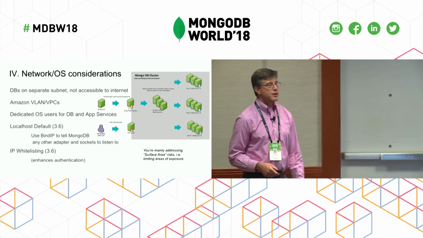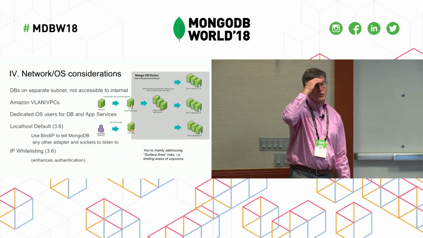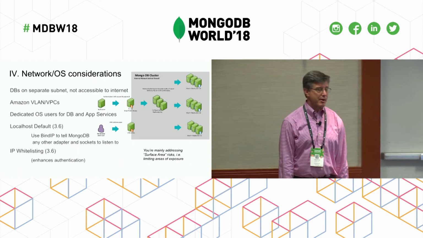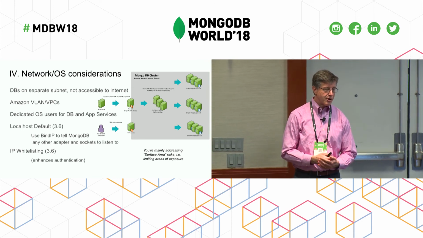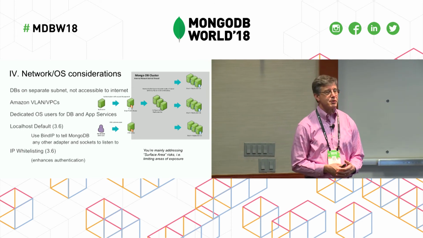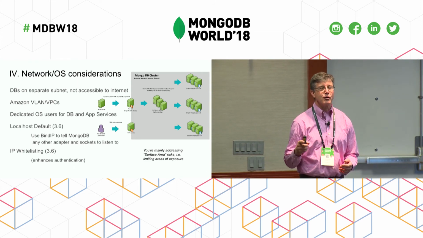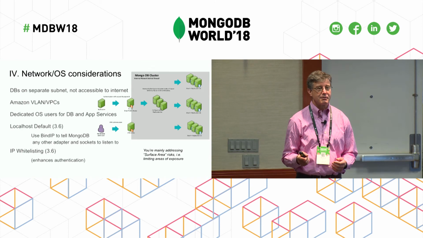So next, we're going to talk about some general considerations for setting up your MongoDB databases. Good idea to put your database on a separate subnet that's not accessible to the internet, so people can't get directly at it. How many folks are putting their databases in the cloud? Handful, okay.